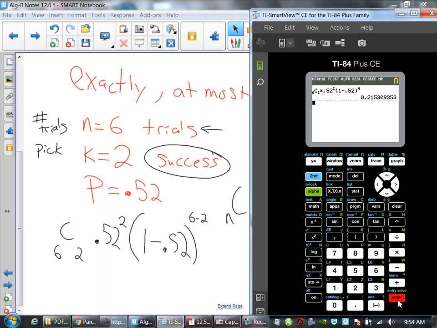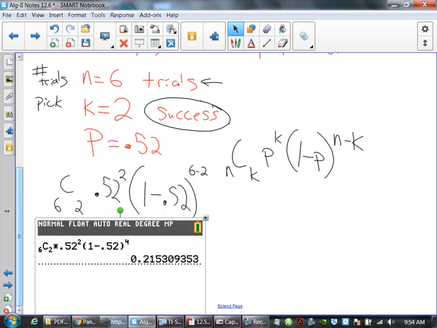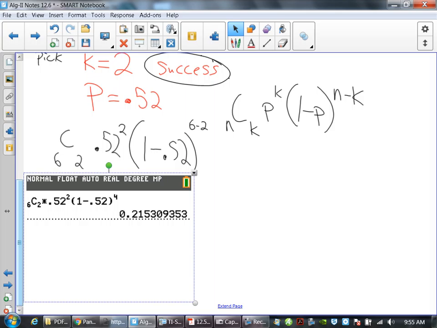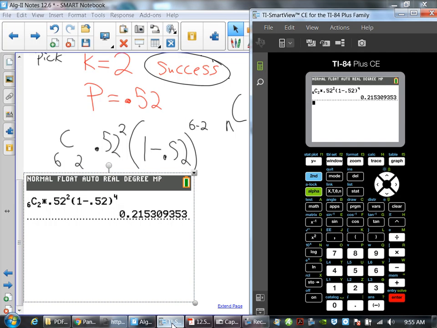Now, the shortcut way of typing all of this in is really cool. What we're looking at here is a binomial distribution. In your calculator, hit second, then bars, right next to the clear button. There is an option where it says binomial PDF, and there's a binomial CDF.